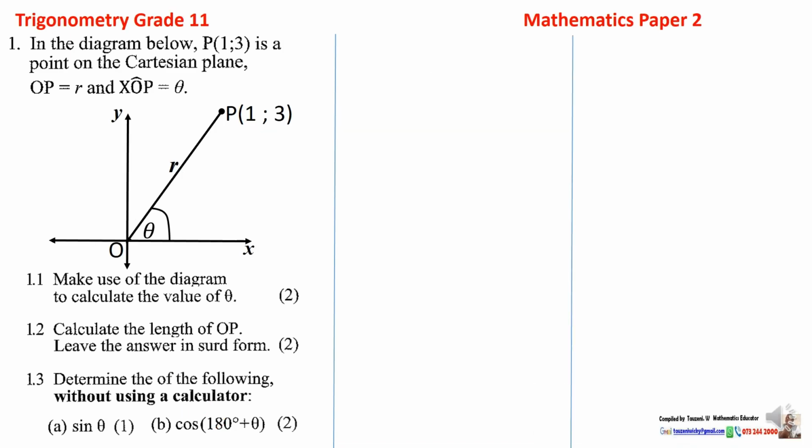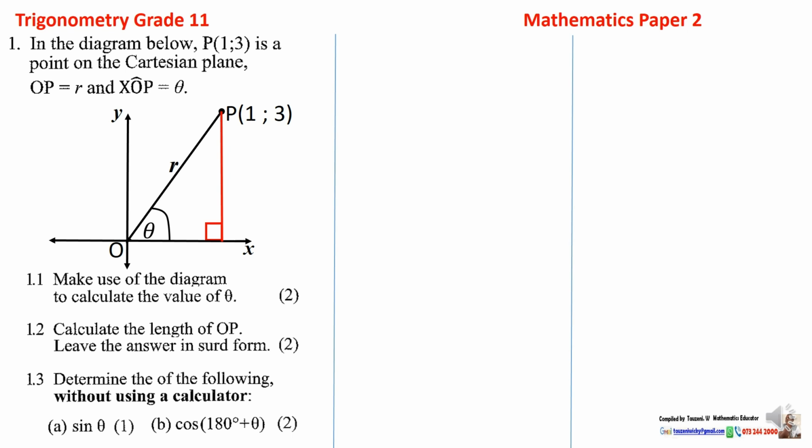Question 1. If you get a diagram like this one, you connect the point given to the x-axis to make a 90-degree angle. So we draw a perpendicular line from point P to the x-axis.